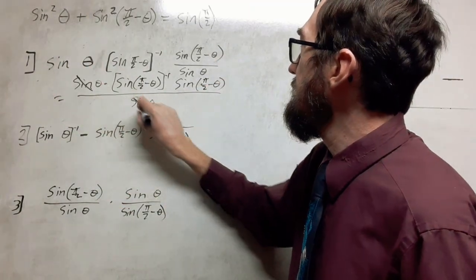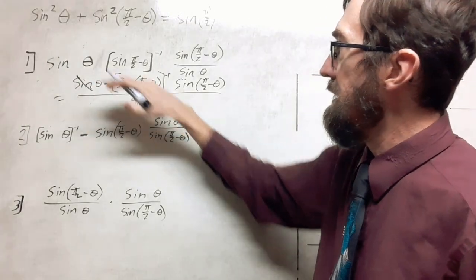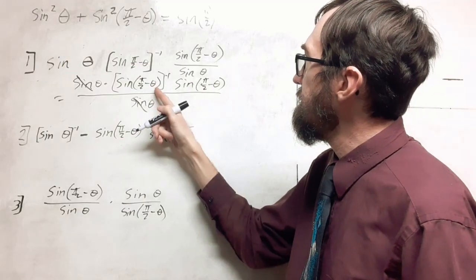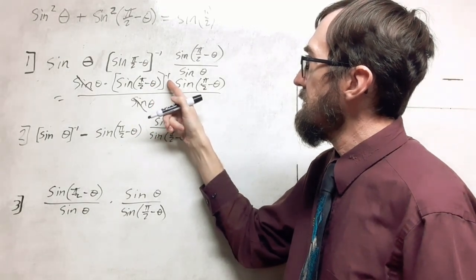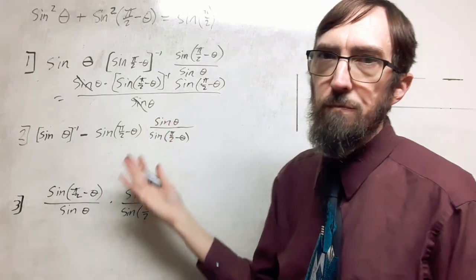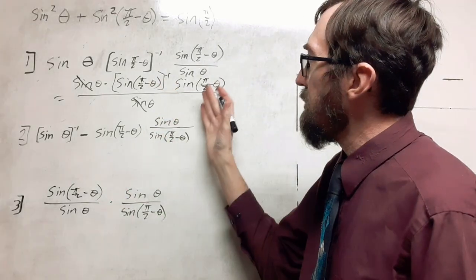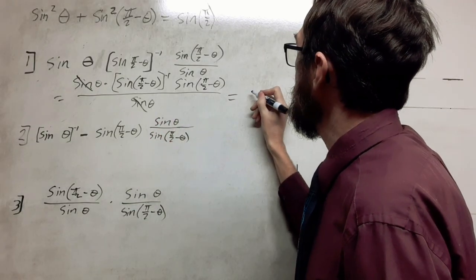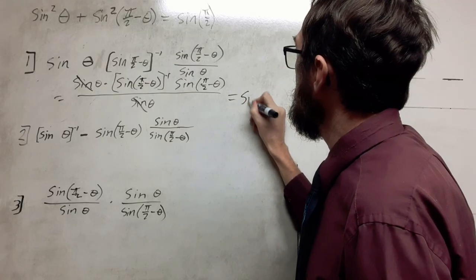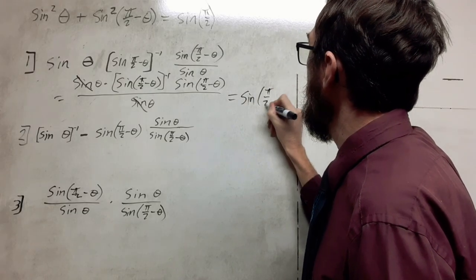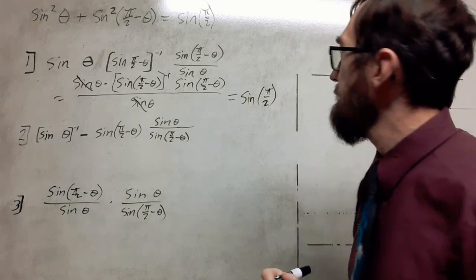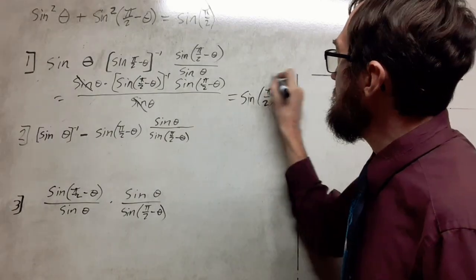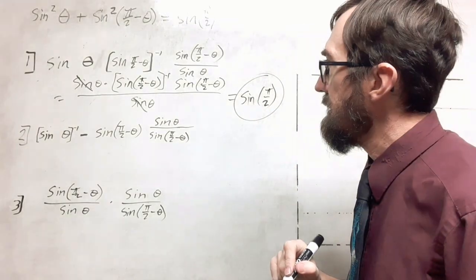We see right away these cancel because you're dividing by sine in the numerator and denominator. And then these are inverses of each other, denoted by the -1. The reciprocals, actually. But multiplying them together, they give you the multiplicative identity. And that, of course, is the sine of pi halves in radian measure. So this is going to be our final answer here.